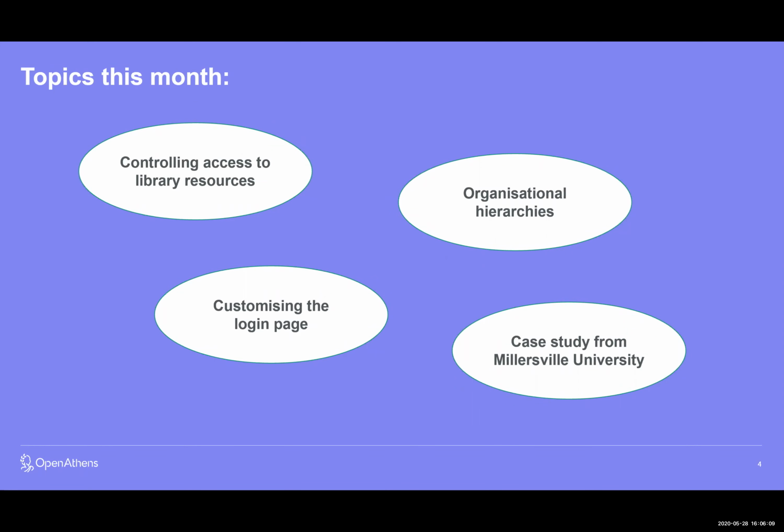And then we're going to hear from Millersville University, who had quite a complicated setup in order to achieve their specific library resource control. So we're going to hear from Scott at the end as well.